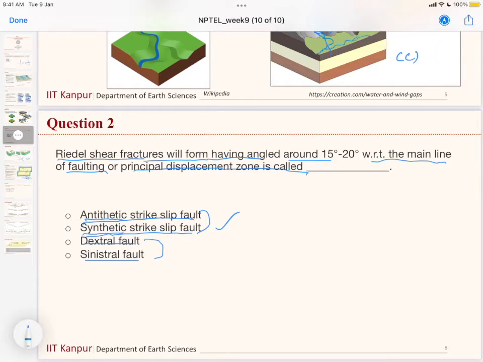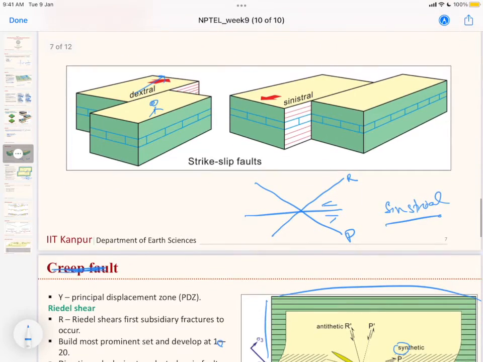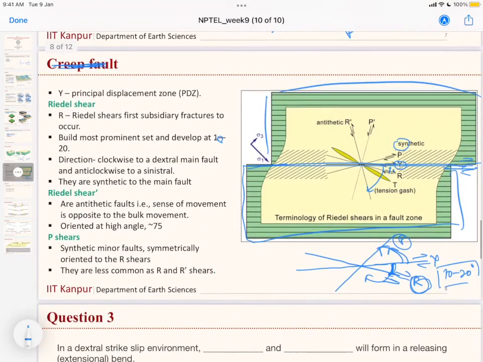It's just opposite to synthetic. When the direction of the secondary fracture that has been created, that is R dash, its sense of movement is just opposite to the principal movement direction or the bulk movement direction. So if you see this fault with an arrow like this, I would mark it as a sinistral fault system, correct?